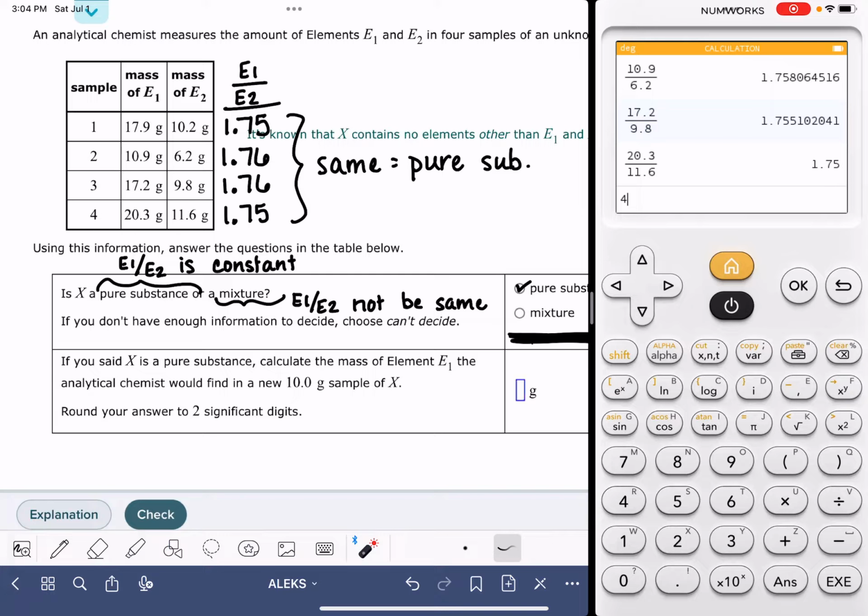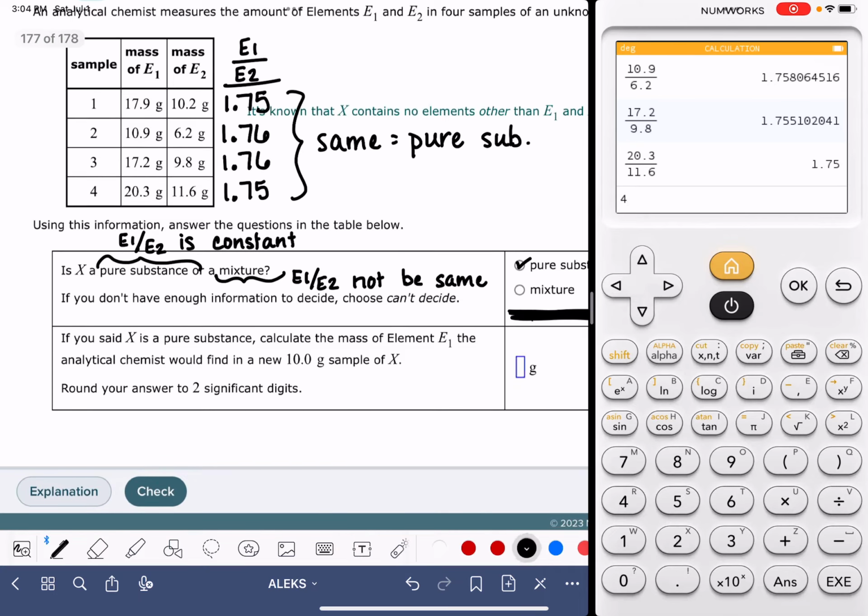Now, to solve this problem, we've got to answer a new question. What is the percent of E1 in the unknown substance X? So we have to calculate the percent by mass of E1 in this particular substance.